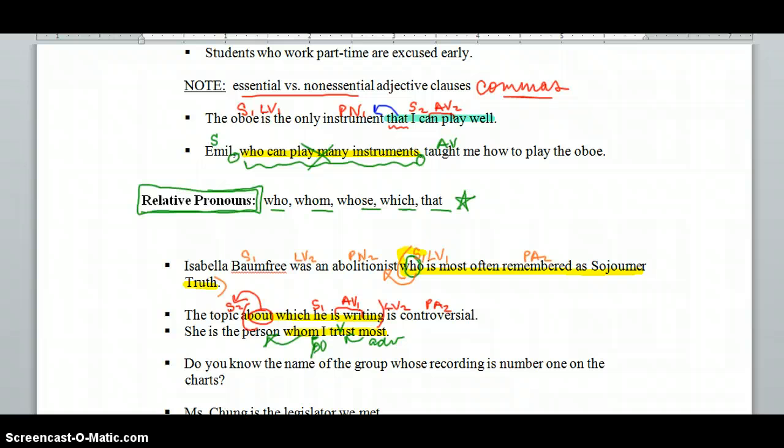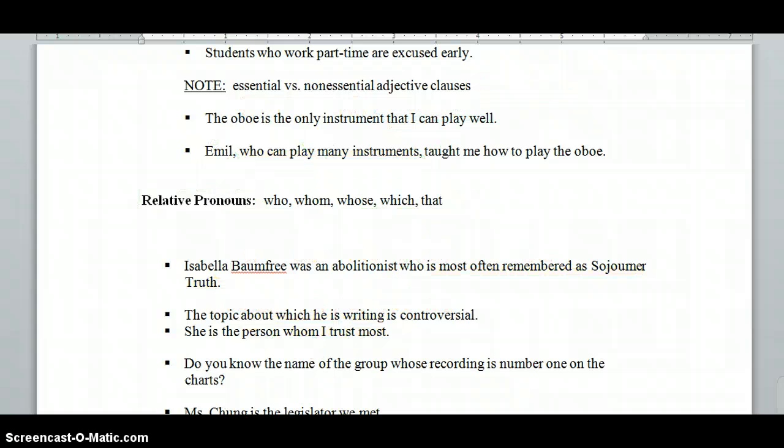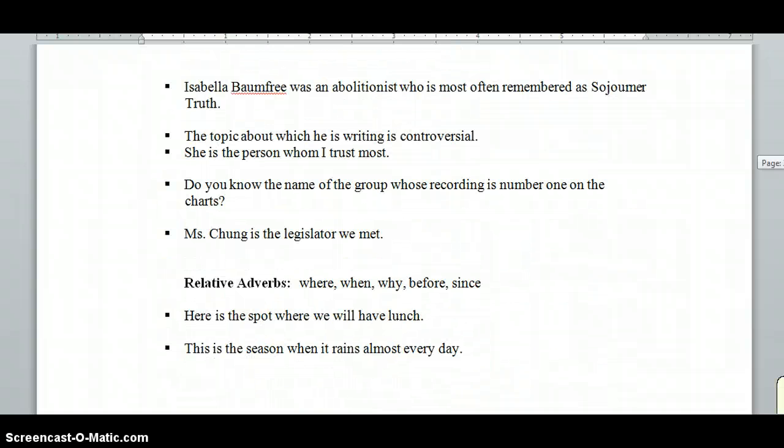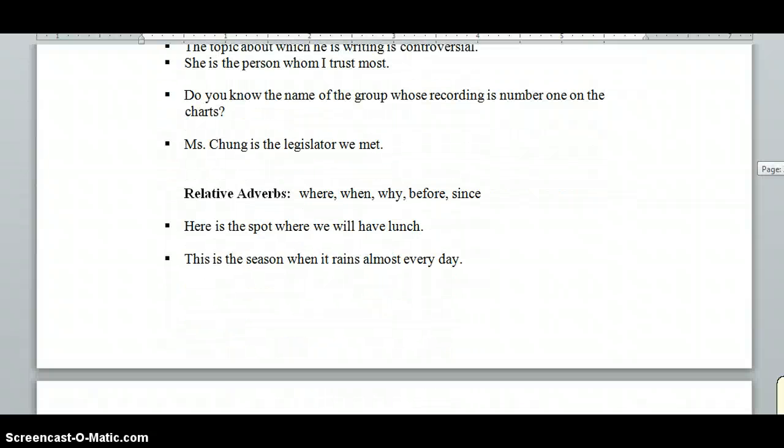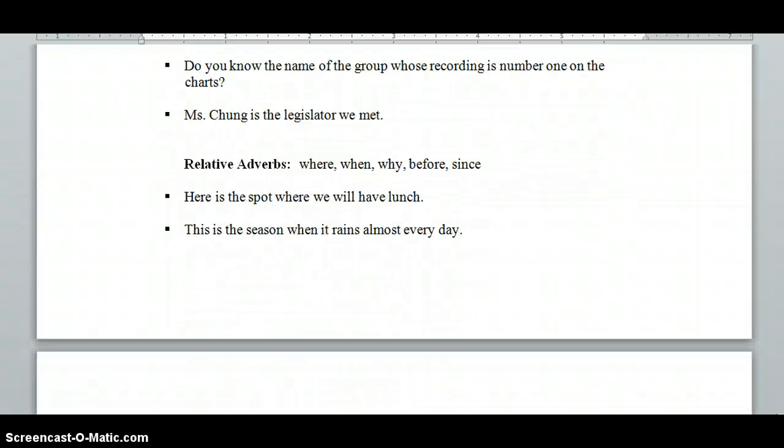Now when we get to questions, remember questions are going to be inverted, and you're going to want to be very careful that you get all of your pieces put together. So: you do know the name of the group whose recording is number one on the charts. If I just lightly cross off my preps, do know is the action verb that I come across first. Who? You is the subject. You do know what?